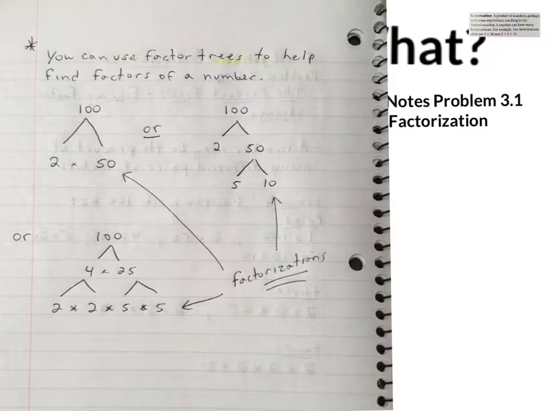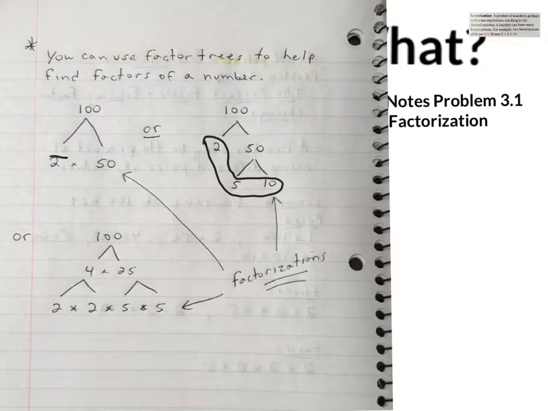It says you can use factor trees to help you find factors of a number. So for example, 100, if you break it down, you can say, here's a factor pair, 2 times 50. Or 100, break it down, 2 times 50, and then we can break the 50 down into 5 times 10. So now we have a string. It's 2 times 5 times 10.